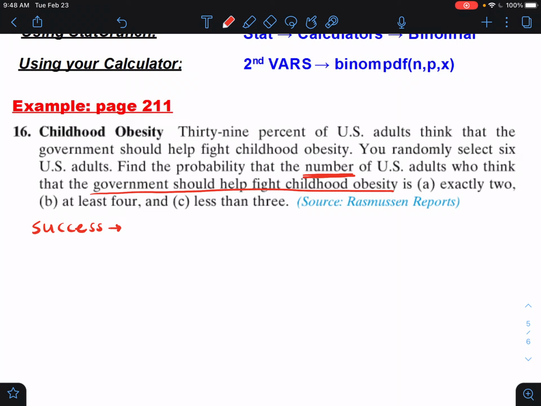A success here would be a person who thinks the government should help fight childhood obesity. That's a success because that's what I'm looking to count.